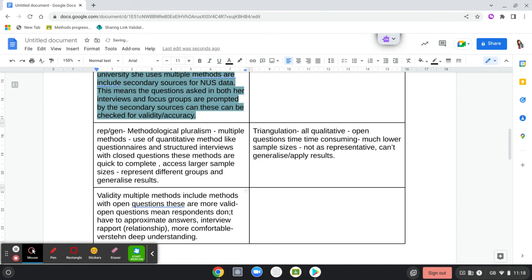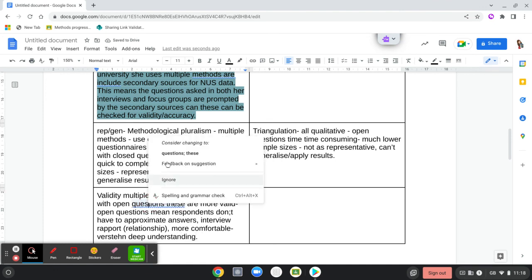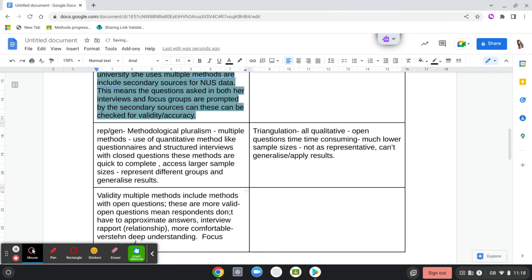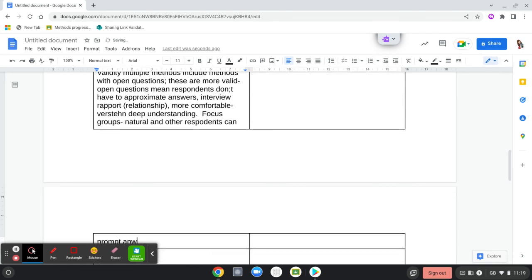So if the multiple methods do include methods with open questions, they're going to be much more valid. Open questions, much more comfortable, deep understanding or Verstehen. If it uses a focus group, then these are much more natural and other respondents can prompt answers.